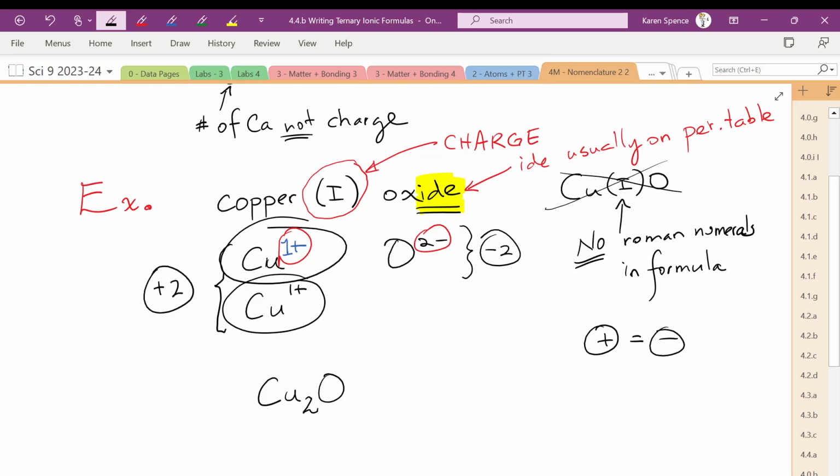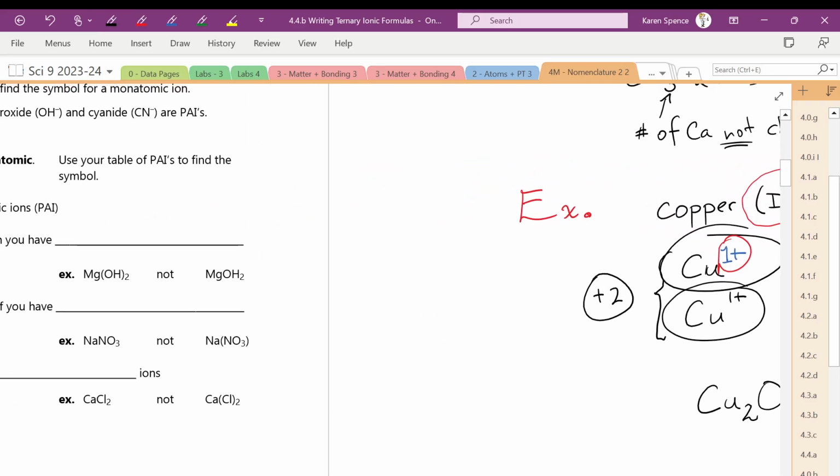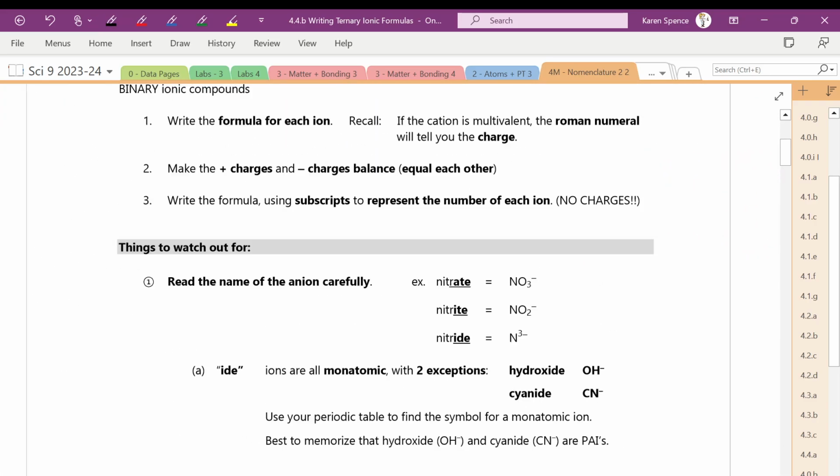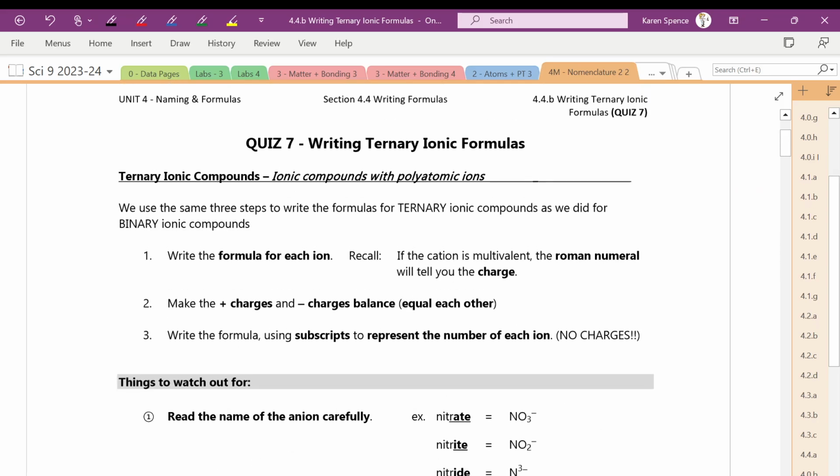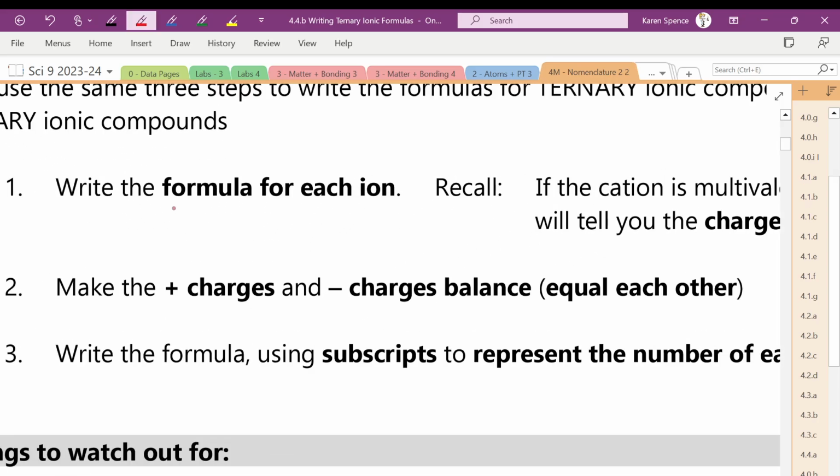Now that we've done a little review, we're going to throw in some polyatomic ions. So we're not doing anything differently. We are still finding the formula for the ion and its charge.